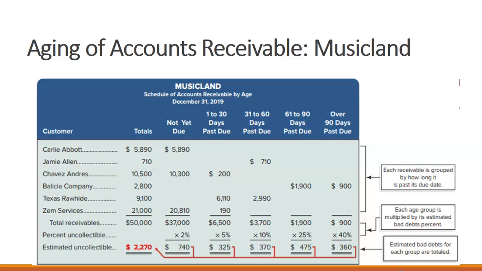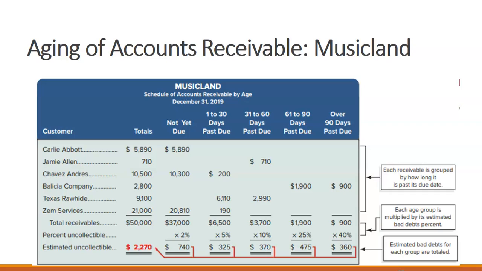So we have an idea of what is estimated uncollectible based on how overdue it is. You'll see that anything that's over 90 days due, we have a higher idea that we're never going to collect that fund. So we have a 40% bad debts estimation for anything over 90 days due.